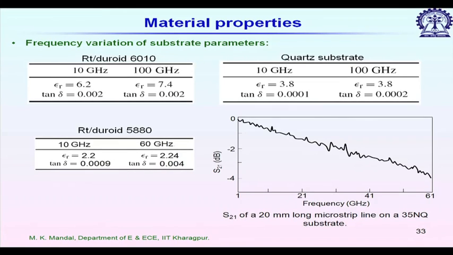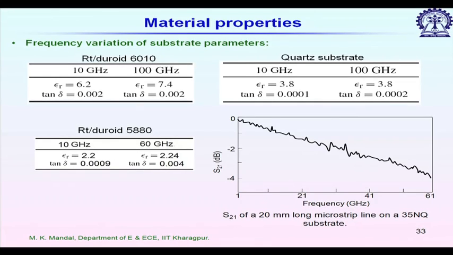What is the source of these losses then? As such, whatever material properties we have seen in comparison between 10 gigahertz and 100 gigahertz, the tan delta value or epsilon r is not changing, but if I measure loss, the loss is increasing very rapidly with frequency.